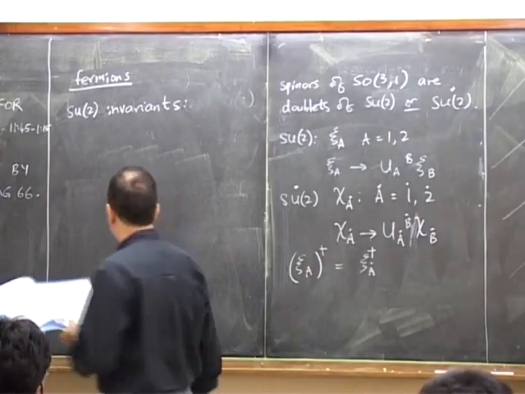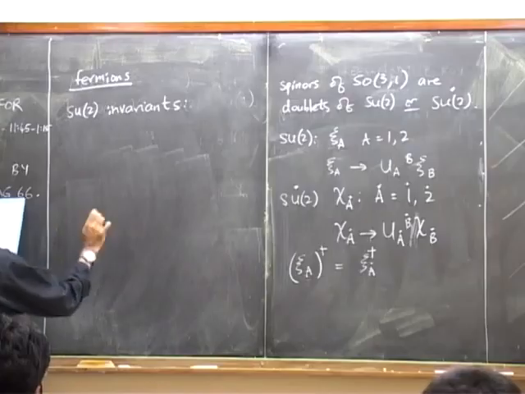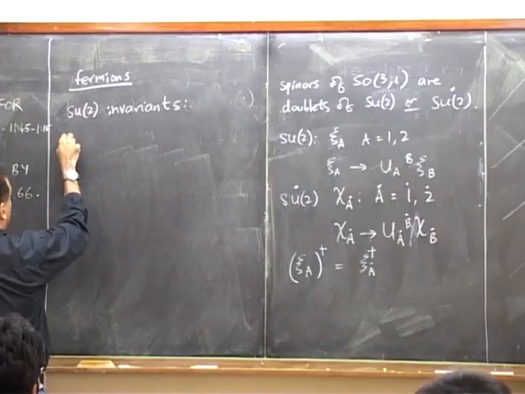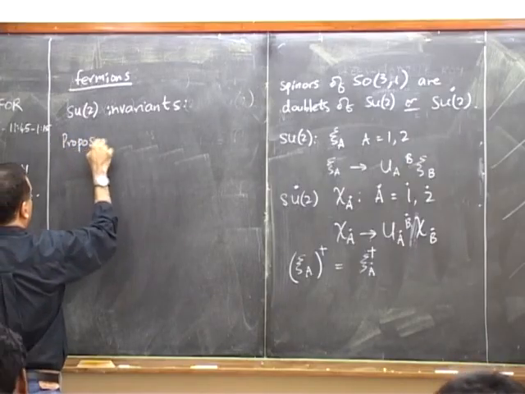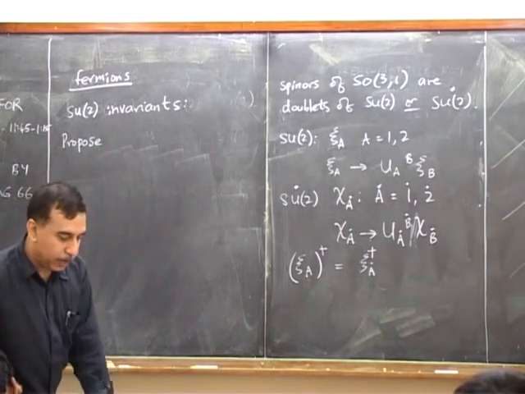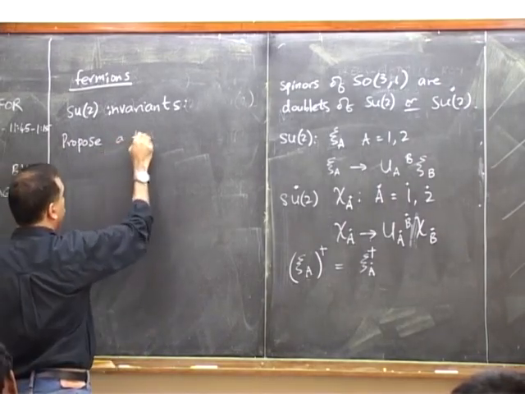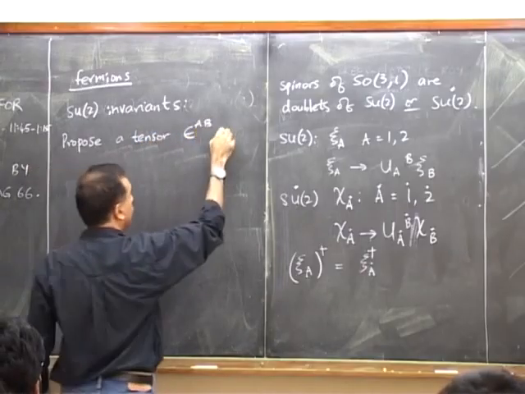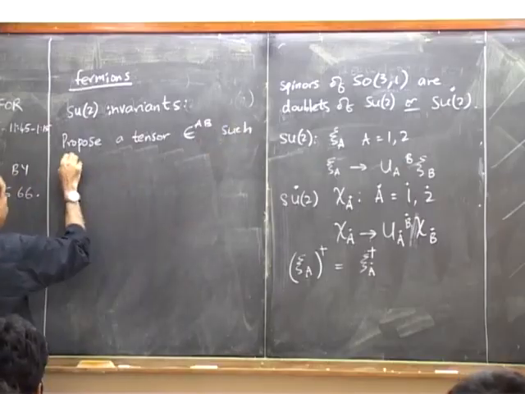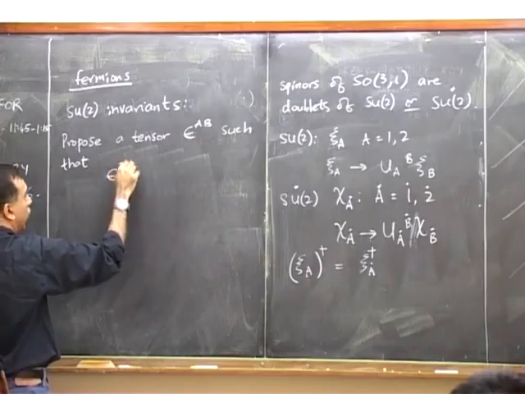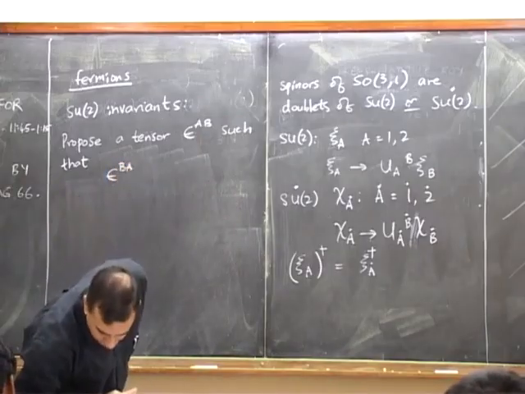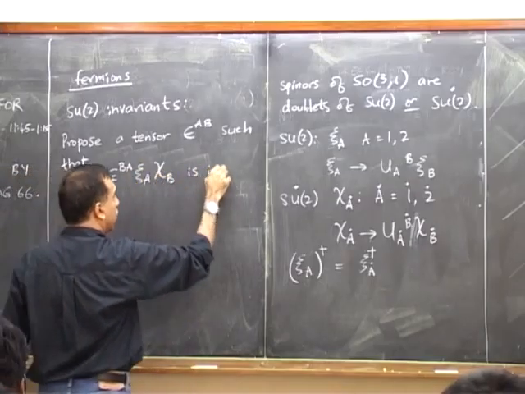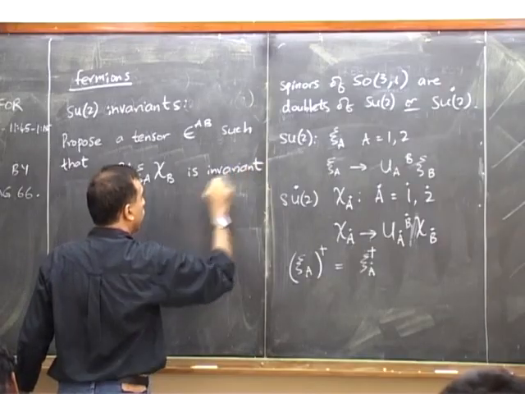That's possible. Of course, I'm sure there's more mathematically pretty ways to say this, but this is a very practical hands-on reasoning. And so what we do is, we propose that there is some numerical tensor epsilon AB, two-component, second-rank tensor, such that, I'm just choosing my things carefully, epsilon BA contracted with psi A, chi B is invariant under SU2.